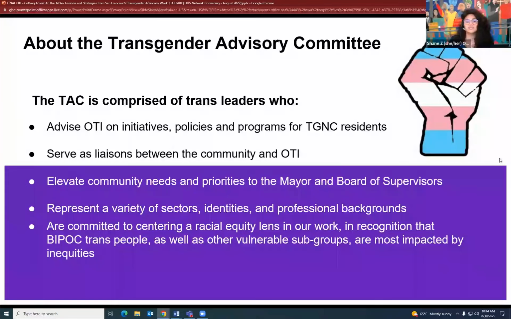The reality is when TAC was first developed, we were a bit unsure of what we would accomplish. We had a bunch of leaders together. This office was brand new. And we were trying to think of the different ways we could really put our personal and professional experience together in order to accomplish something. So what we did is we brainstormed all the different things we could accomplish, and that led to the inception of Transgender Advocacy Week, which is what we're going to talk about today.